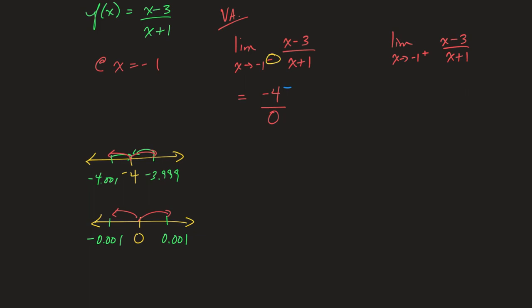So when you look back up into that limit, I don't care about my directional symbol on that -4, but I do care about it on my 0. So now when I look into my denominator, my x plus 1, and I imagine subbing in a value a little bit to the left of -1, then I'm going to sub in bigger negatives.